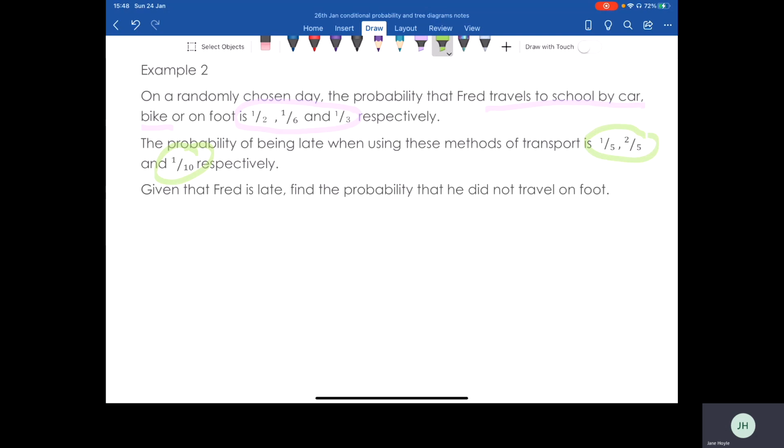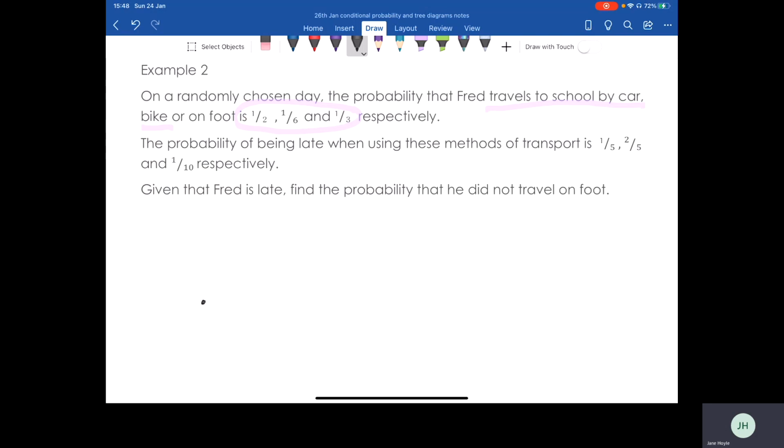So the probability of him being late and the probability of him being on time will add to 1. We don't have that option here. We're not interested in that option there. So don't worry if the probabilities don't always add to 1. They don't need to add to 1.